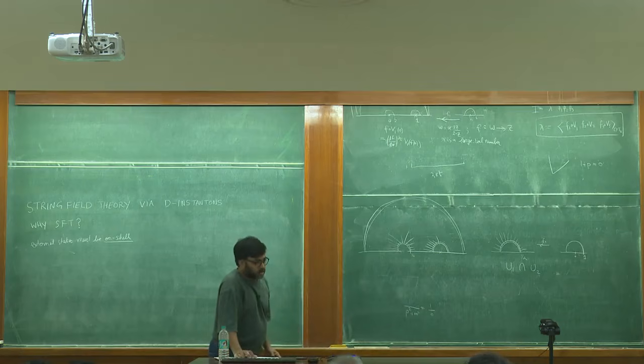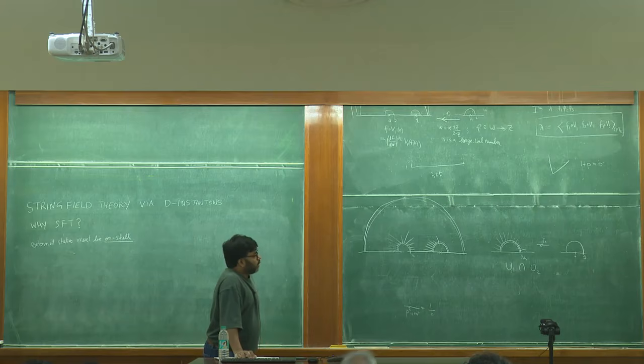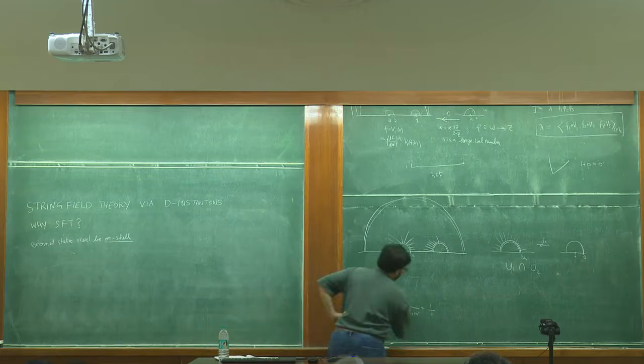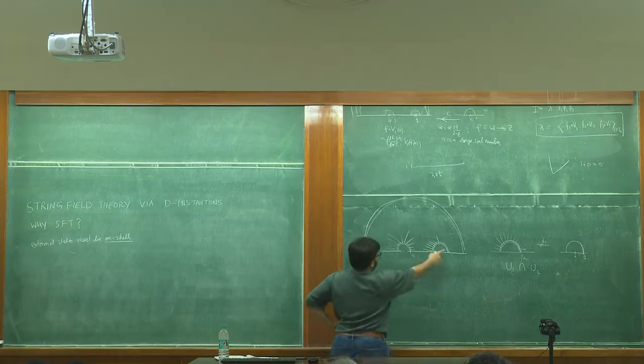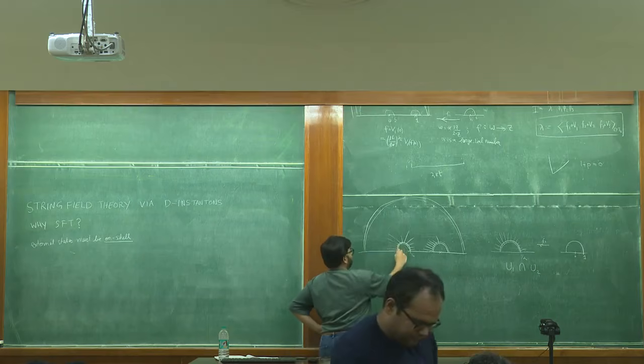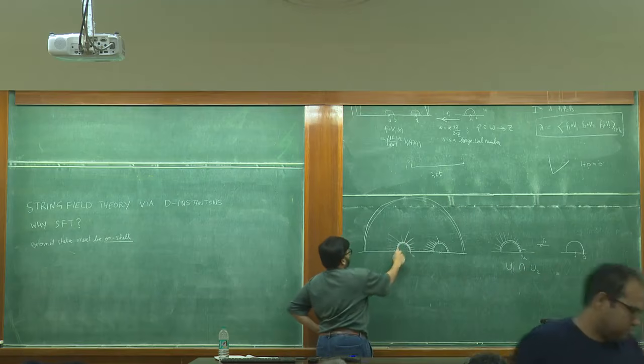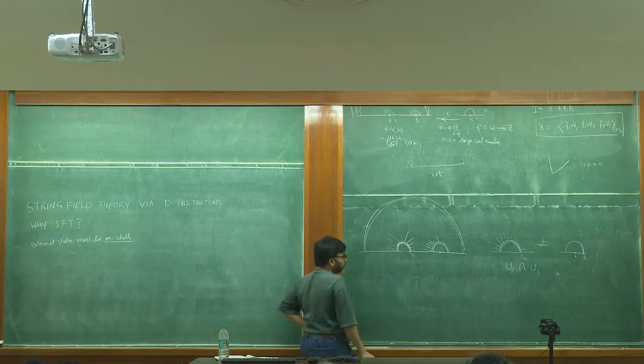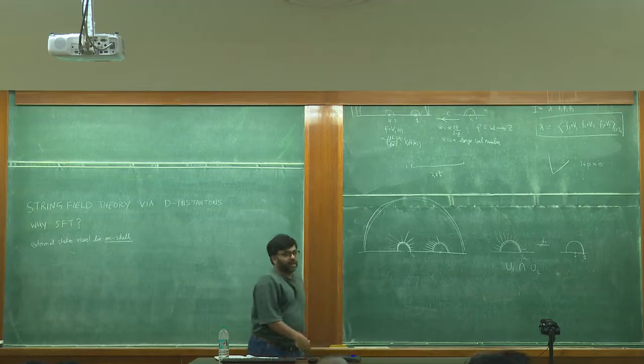Question: could you remind how the Hilbert space labeling works with multiple operators? So you have multiple operators, but this thing here is just a line segment, right? It's still the same Hilbert space, because the Hilbert space is only labeled by the spatial manifold.